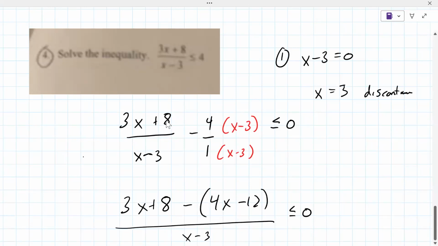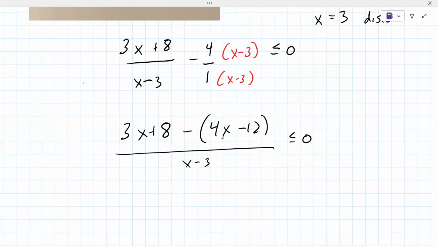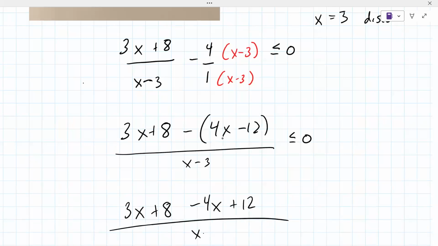I did skip a couple of steps here. Because the denominator is the same, you can just write it over the same denominator. You eventually have to distribute this negative in, or treat it as -4 times what's inside here. It's up to you how you want to handle that. But it ends up being -4x plus 12, 3x plus 8 over x minus 3.